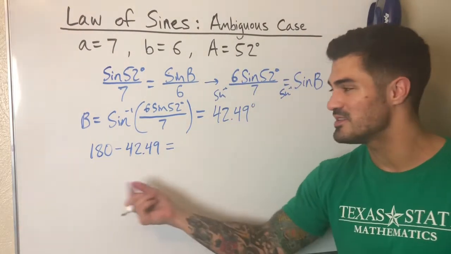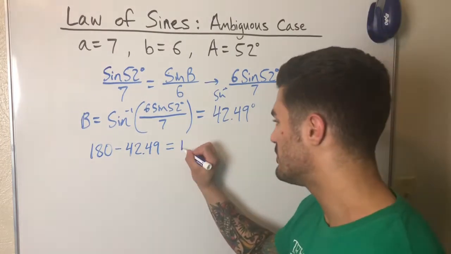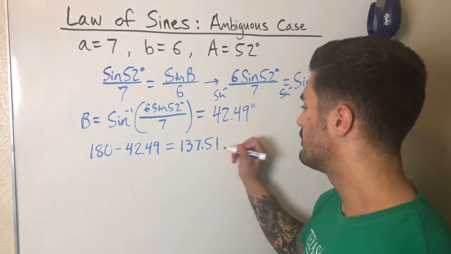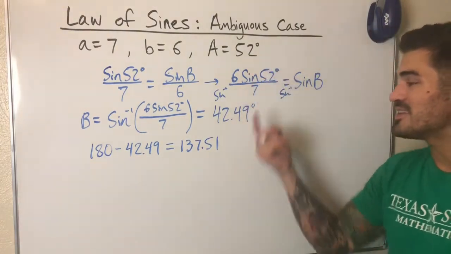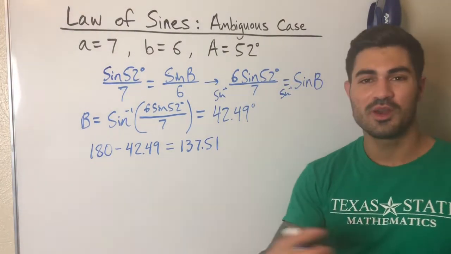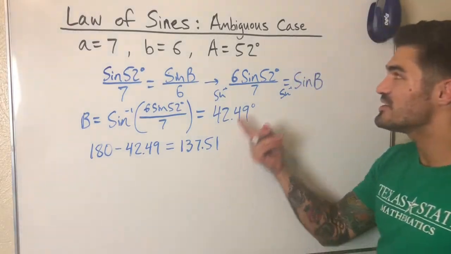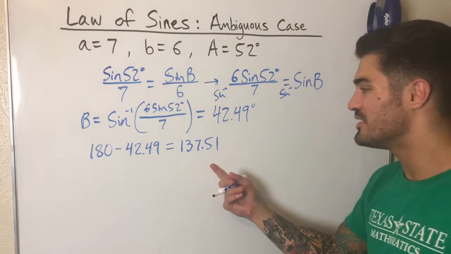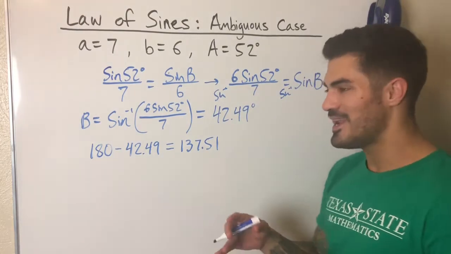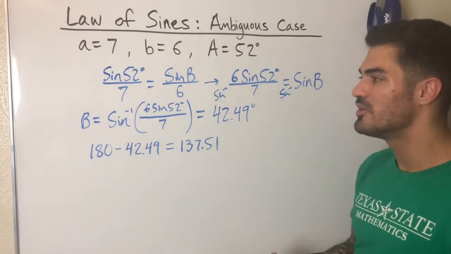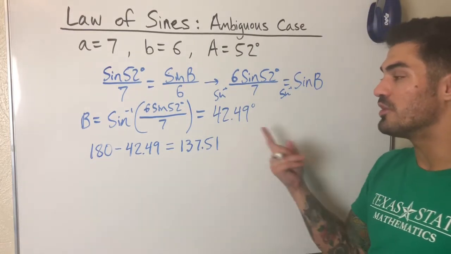Basically, I'm trying to see if I can take this angle, which happens to be 137.51, add the 52 degrees to it, and have it be under 180, so I have room for that third angle to form a triangle. In this case, clearly I don't. When I add 52 degrees, I'm around 189. I spill over. I don't have room for that third angle to form a second triangle. So in this example, I only have one triangle.